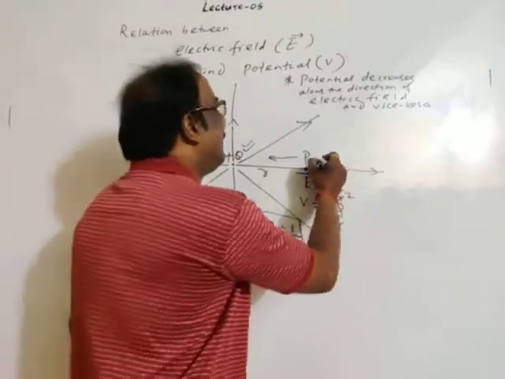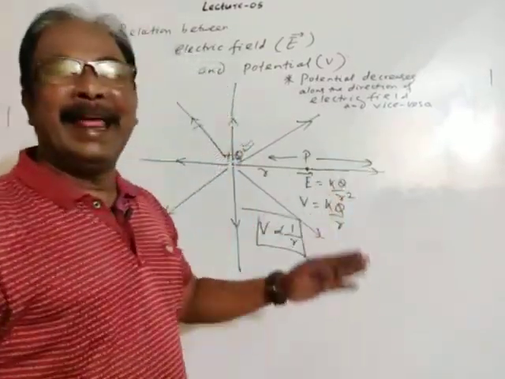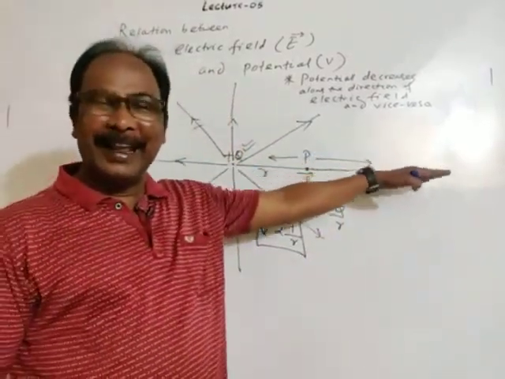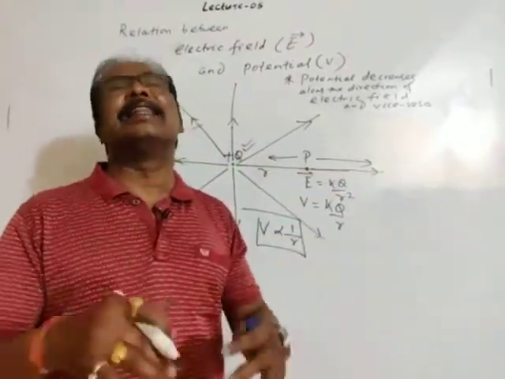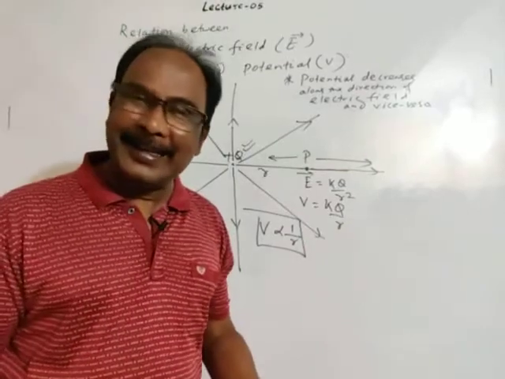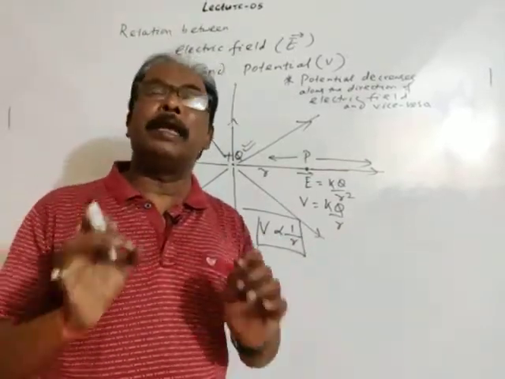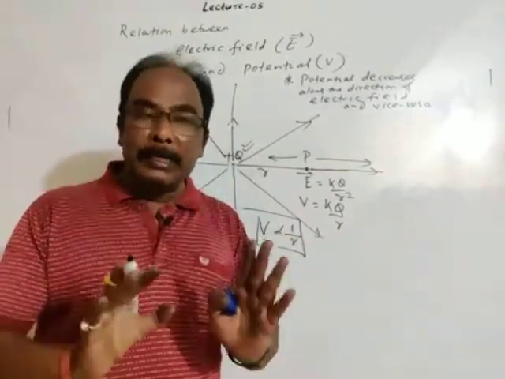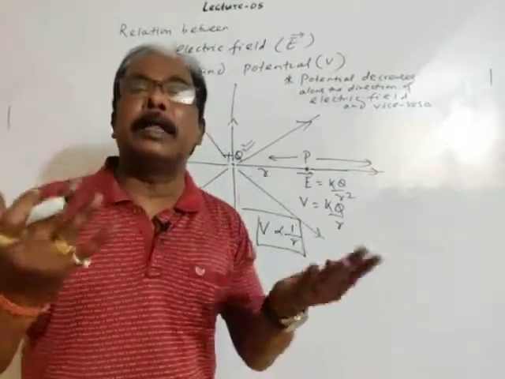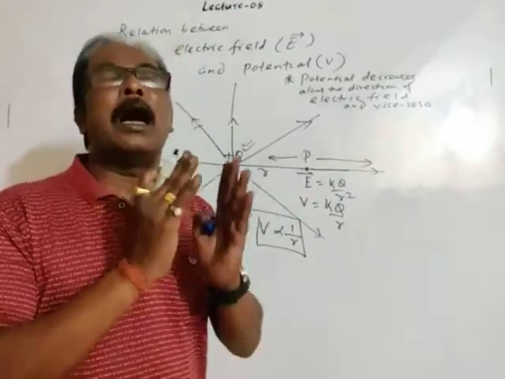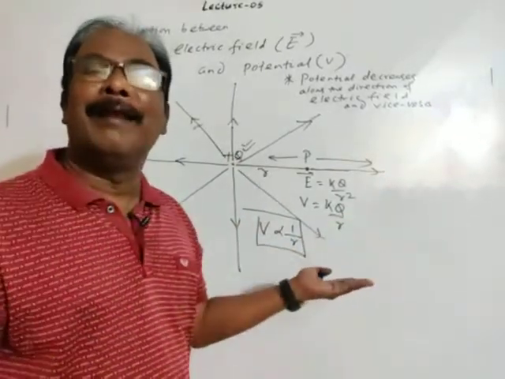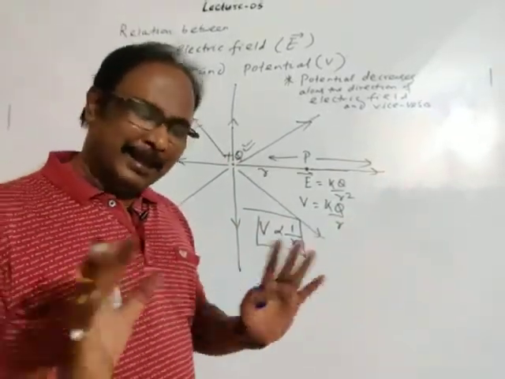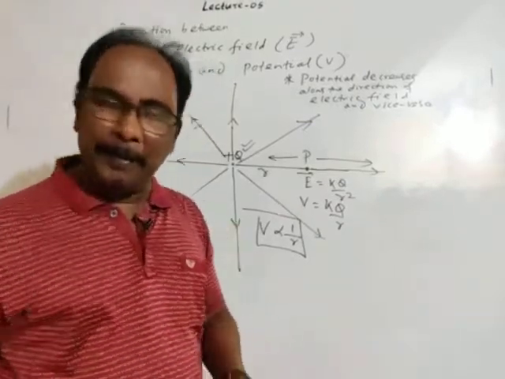If you move along the direction of electric field, away from the positive point charge, then potential will decrease. Very easy to remember: as the distance along the electric field increases, potential decreases. This is a simple point, just remember it.